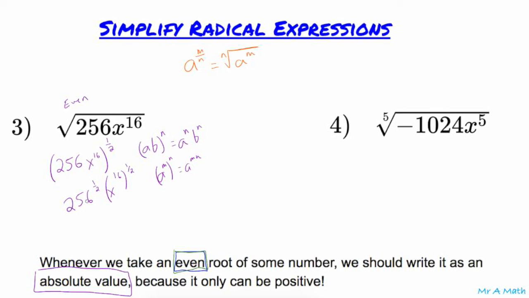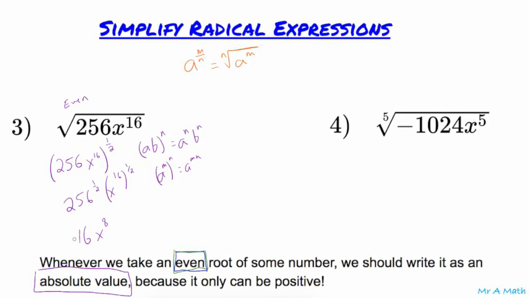So 256 to the 1/2 power, well, this is where a calculator comes in handy if you don't happen to know what the square root of 256 is. It is 16. And x to the 16th power to the 1/2 power, if I multiply those exponents together like my law says, is just x to the 8th power.